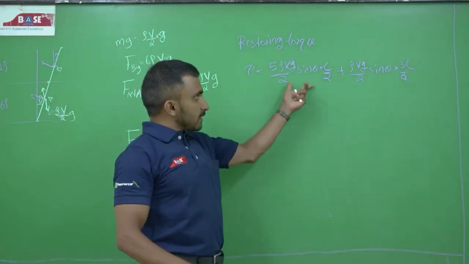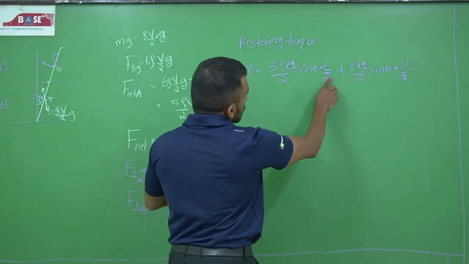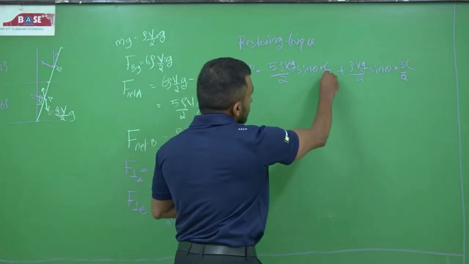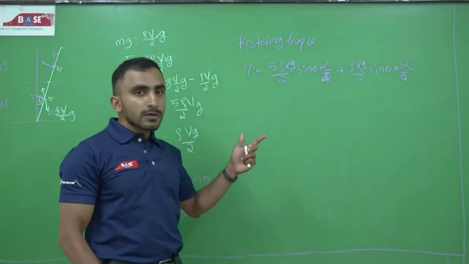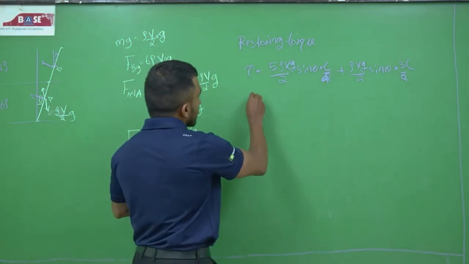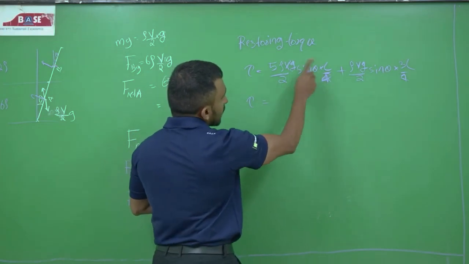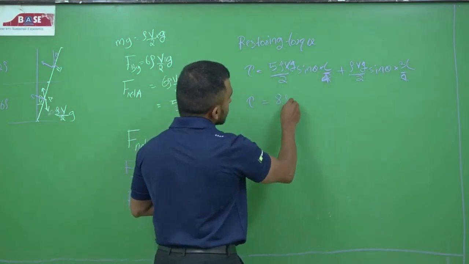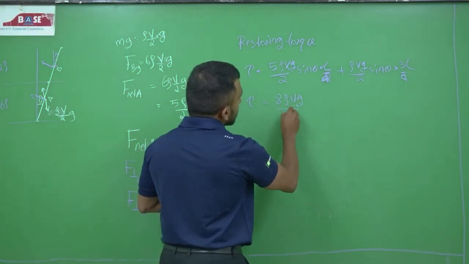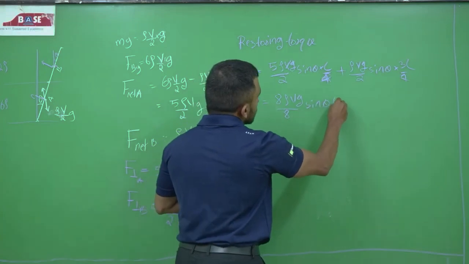The denominators are 8, so we can add directly. Tau equals 5 plus 3, that is 8 rho V g by 8 into sine theta into L.